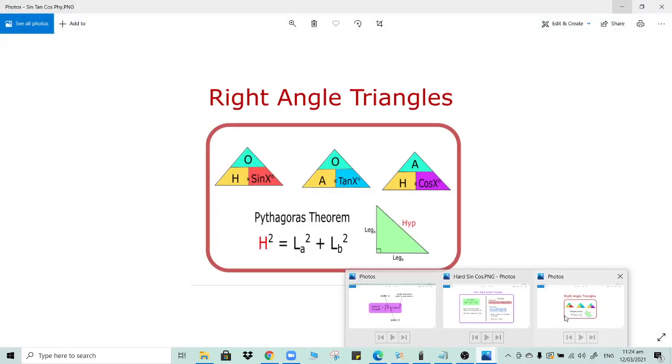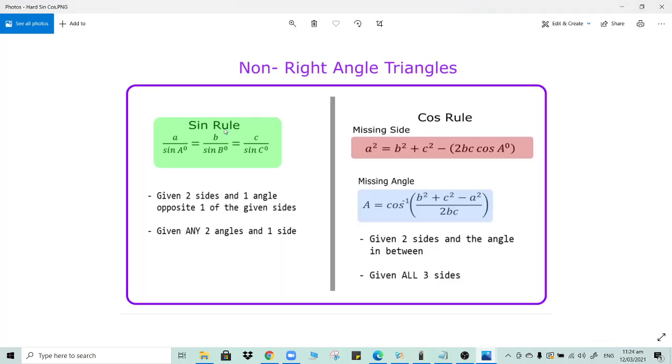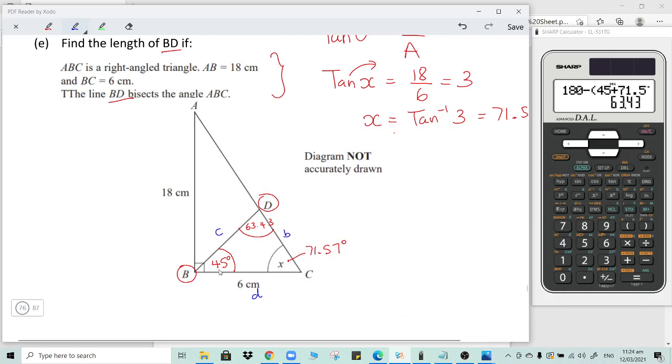That's the sine rule for the non-right angle triangles, right? You can use this if you're given the length of two sides and one angle opposite to one of the sides, or given any two angles on one side. So I have at least two angles on one side.